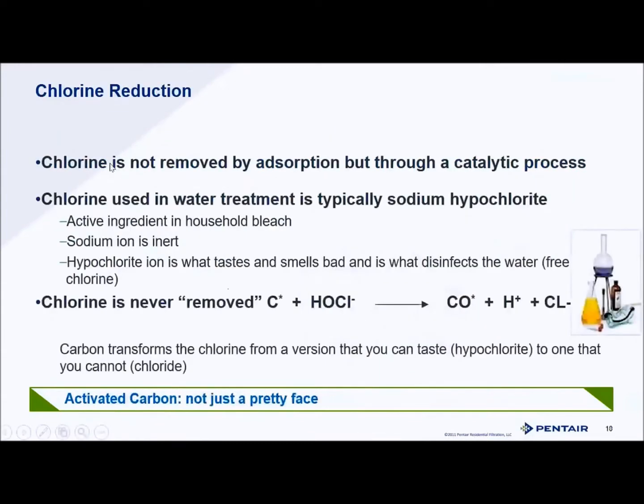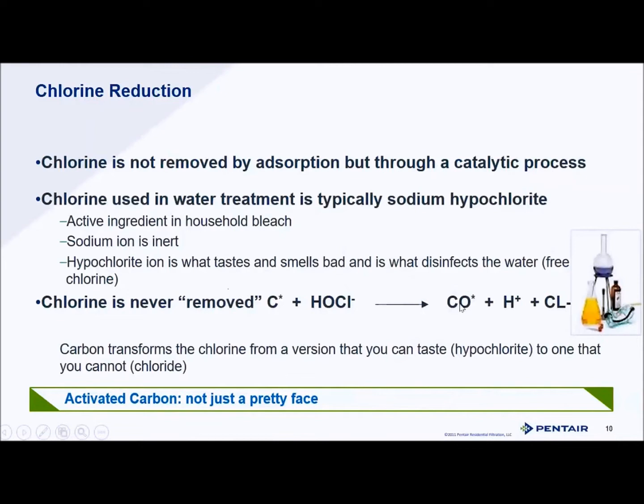So how is chlorine removed as hypochlorous acid as a sanitizer? Both chlorine and chloramine are removed via a catalytic process where we're converting hypochlorous acid to a carbon, which is the carbon in your filter, with an oxygen added at a catalytic site, plus acid and chloride.